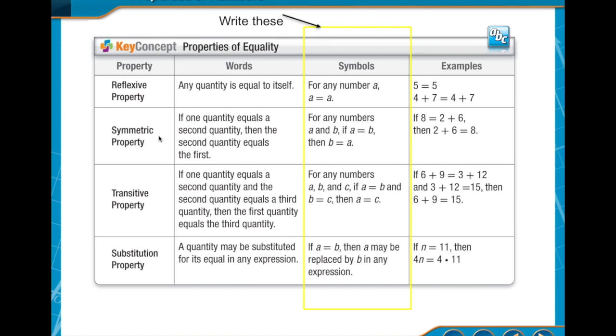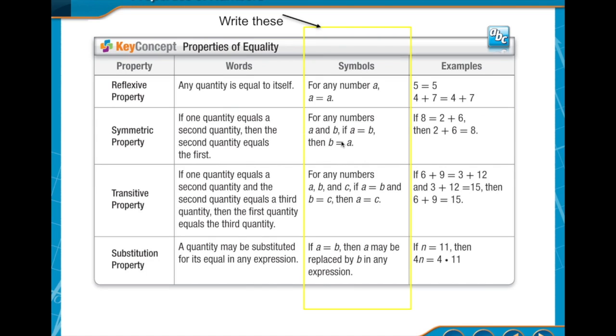Second we have is symmetric. So the symmetric property, if we look at our symbol definition that we're copying down, for any given numbers, a and b, if a equals b, then we can also flip those two around and say that b must also equal a. So if you think about what symmetry means, it's almost like a mirror, right? It's symmetrical. If you looked at the mirror image of something and flipped it around, it would still be the same.